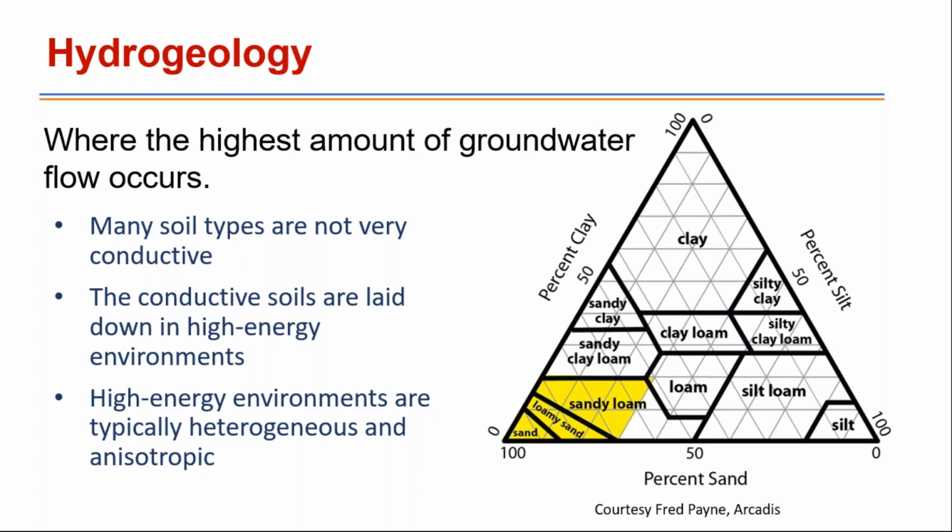And the high energy environments typically are heterogeneous and anisotropic. If you go back to your initial geology class, when your stream is moving across, certain areas will deposit the more coarse material, and other areas will deposit the clays or silts.